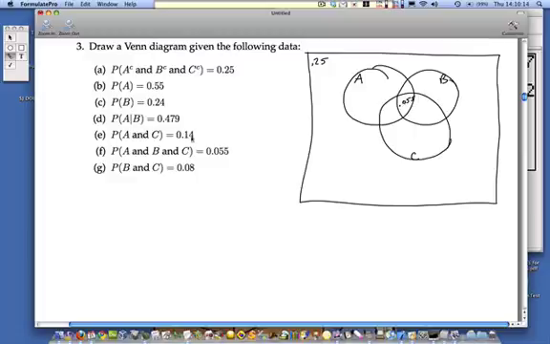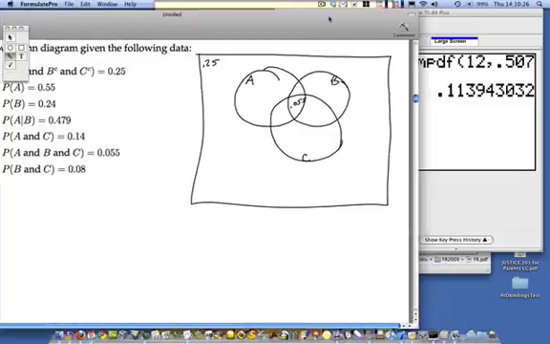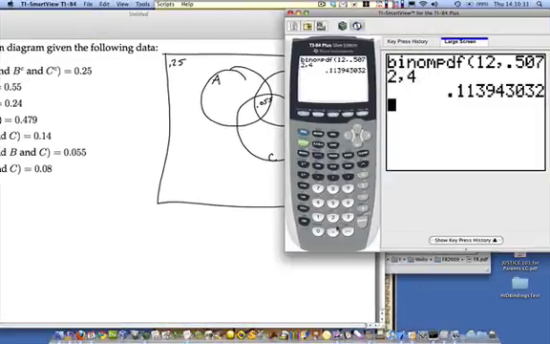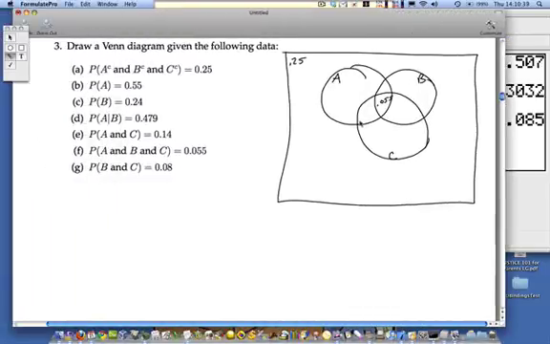Okay, we also know that A and C is 0.14. People are still making this mistake. 0.14 does not go here. You've got to do 0.14 minus 0.055. That's equal to 0.085. So 0.085 goes here.